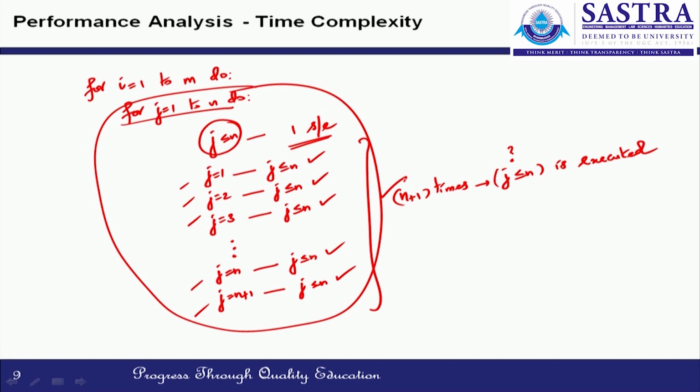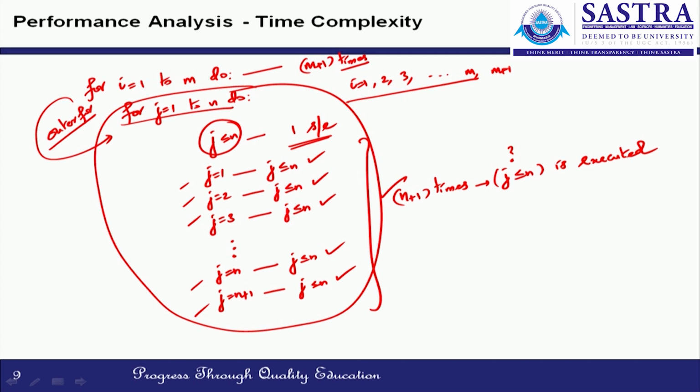And this inner for is controlled by the outer for. Outer for executes the inner for. The outer for conditional test is done for m plus 1 times, i is equal to 1, 2, 3, etc., m plus 1.